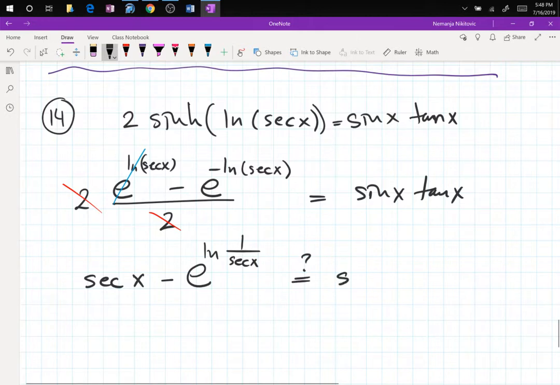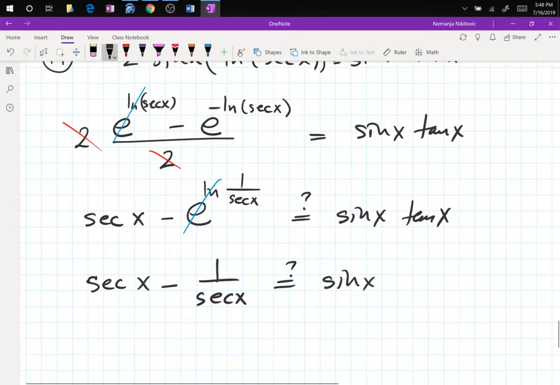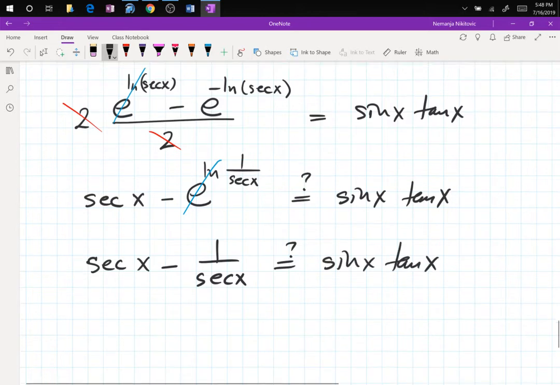That needs to be sine x tangent x. So now these finally drop, and you have secant x minus 1 over secant x should be sine x tangent x, and now you are in the realm of trig.